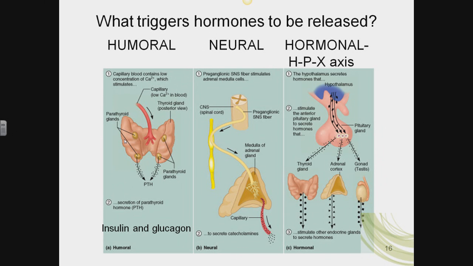And the H stands for hypothalamus, and the P stands for pituitary, and this is shown in the far right picture. And X in my slide represents that third downstream gland. There are some notable HP blank pathways. There's the HPT for thyroid, HPA for adrenal gland, HPG for gonad, and a newcomer is HPL for liver.